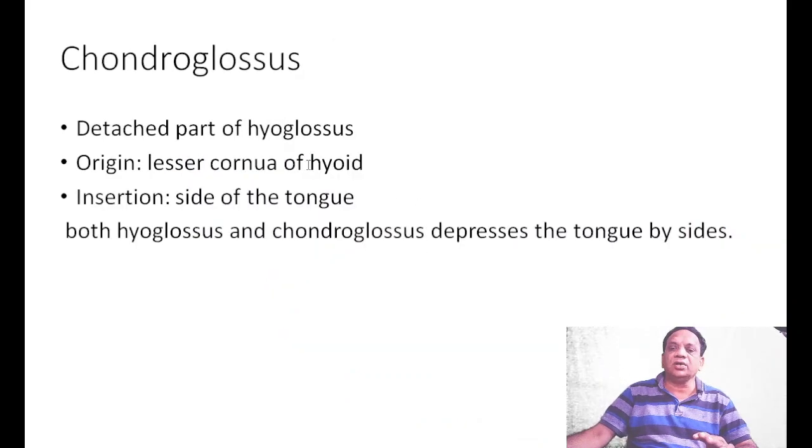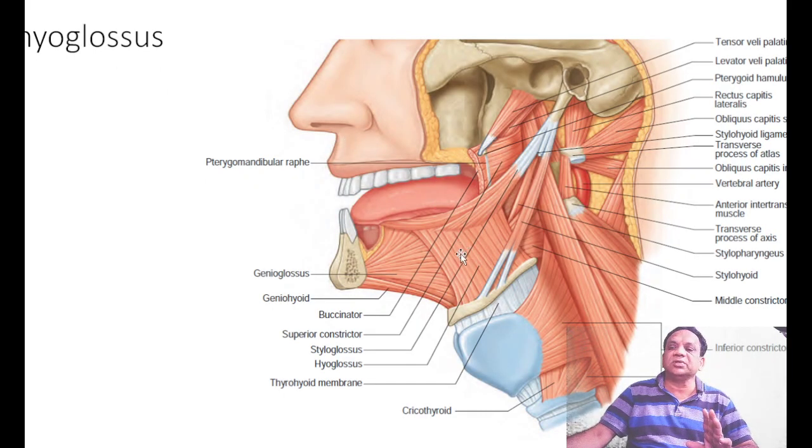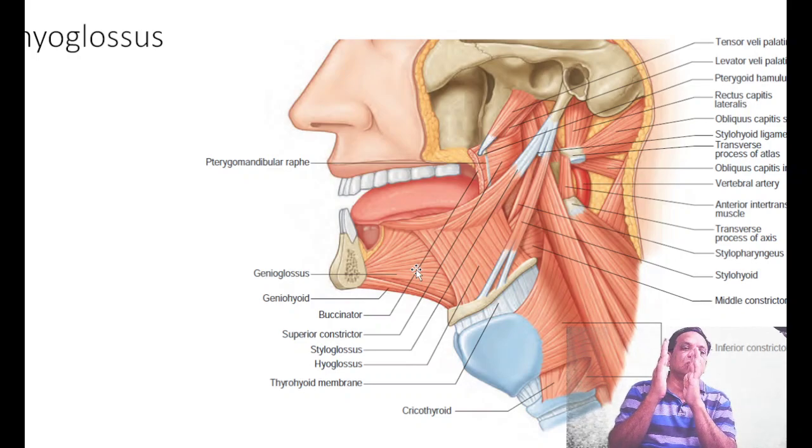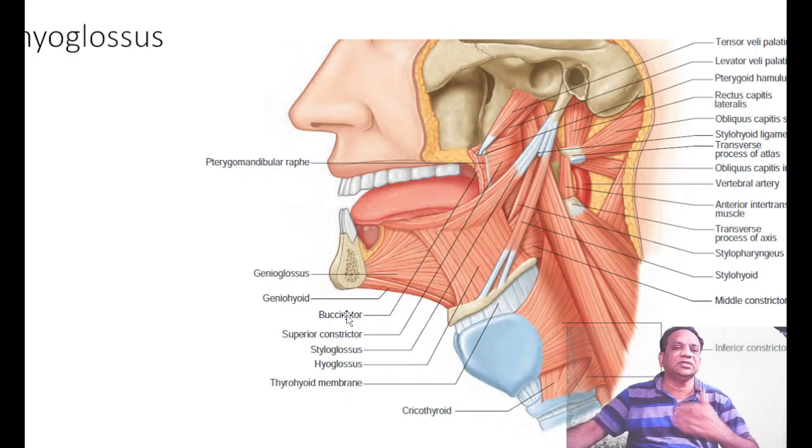Now the chondroglossus, that is a detached part of the hyoglossus. If we see here, this is the hyoglossus muscle. The genioglossus, while passing backwards, separates the muscle into two layers, and you will see there is a gap between them. The outside muscle is the hyoglossus and the inner part is the chondroglossus, between which you will see the genioglossus passing.